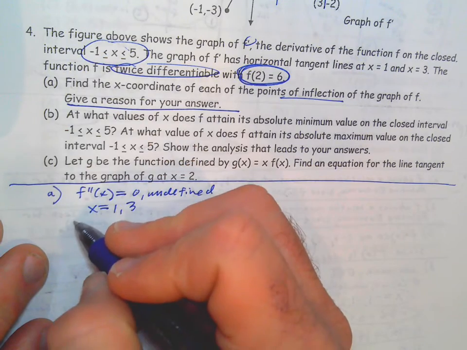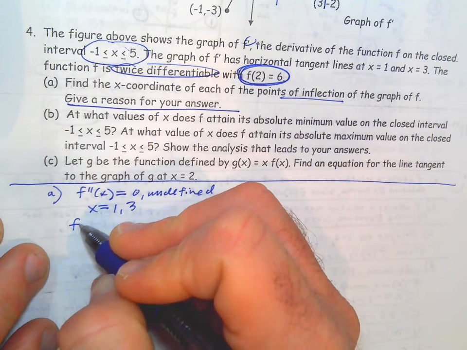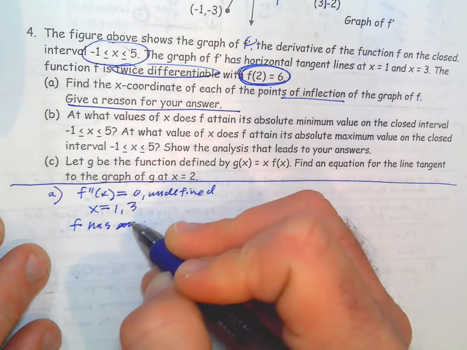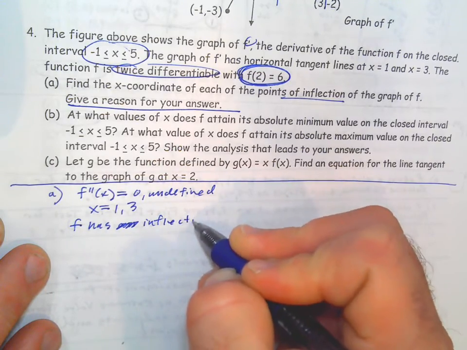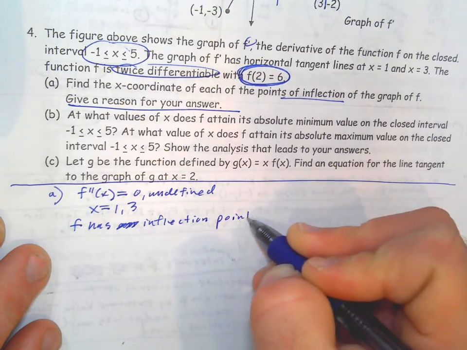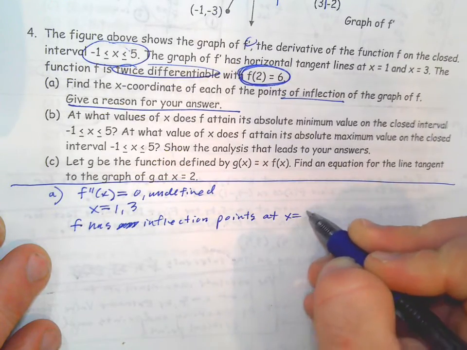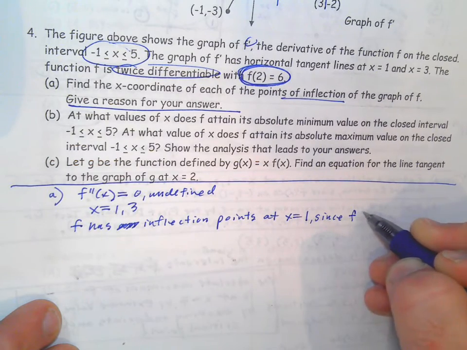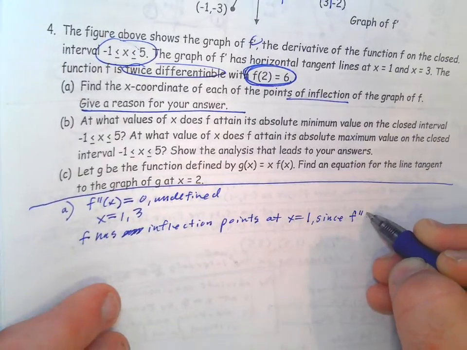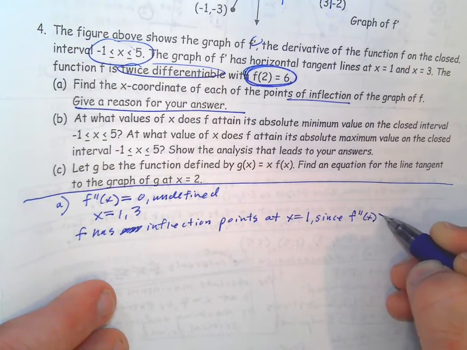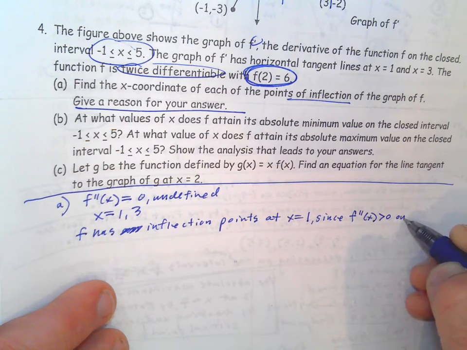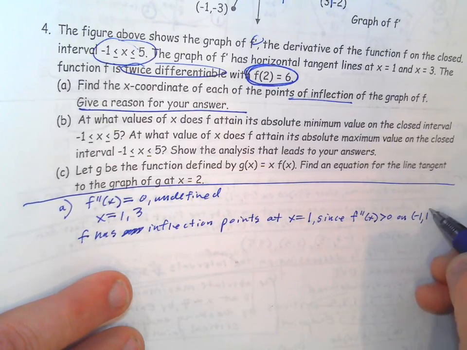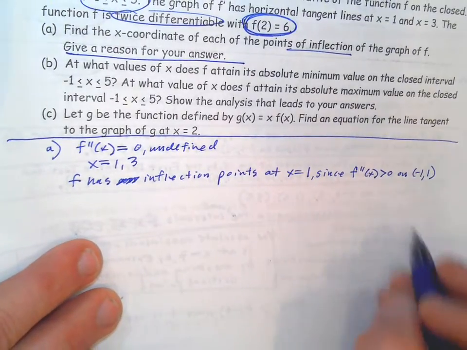So we could say f has an inflection point at x equals 1 since f double prime of x is positive on the interval -1 to 1. And well, how can you tell that it's positive?